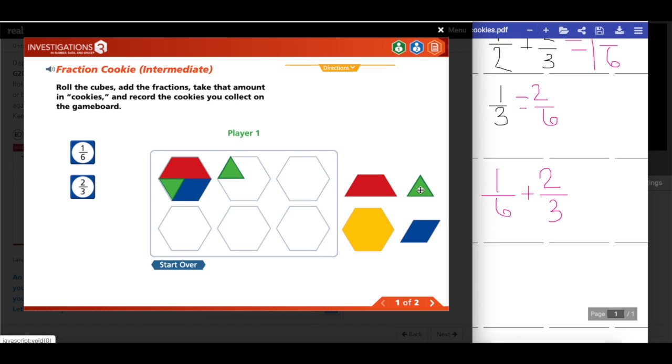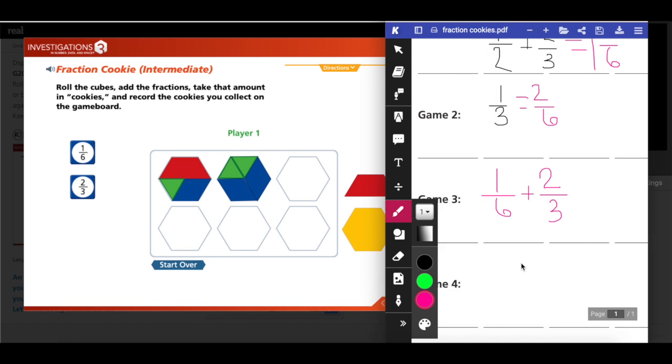So I can use 1 triangle because that's 1/6. And then I can do 2/3. So that would be 2 rhombuses because each rhombus is 1/3. And that fills up my hexagon perfectly.